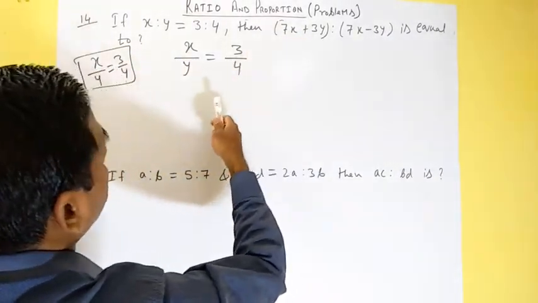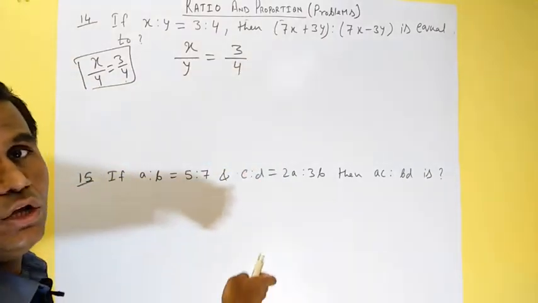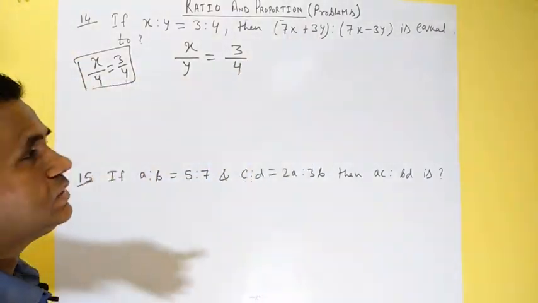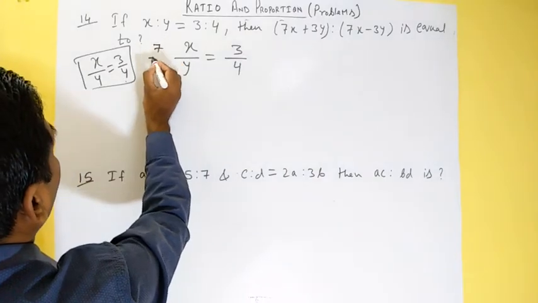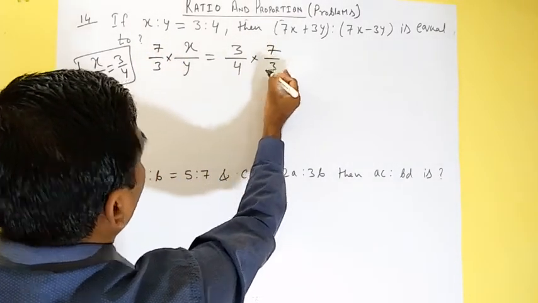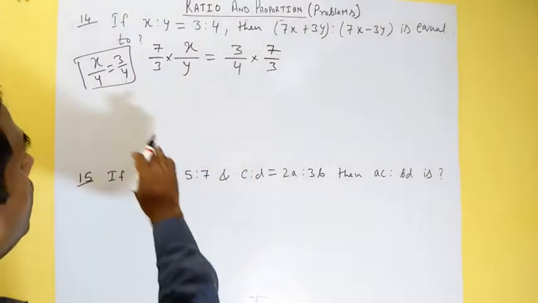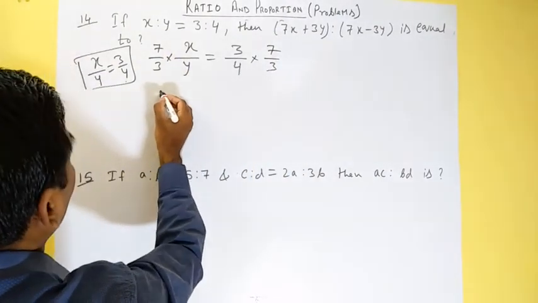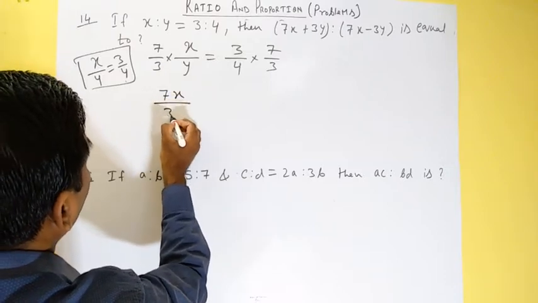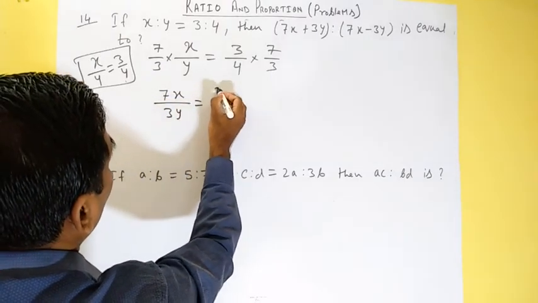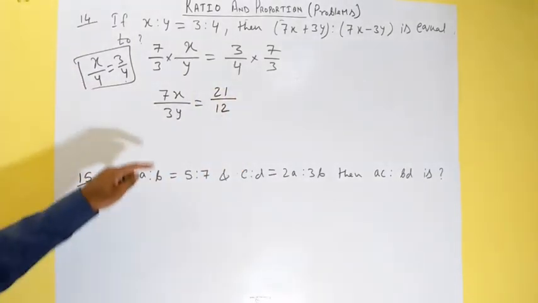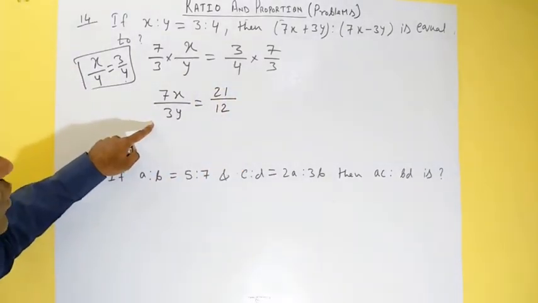Why 7? Because we can see coefficient of x is 7 and coefficient of y is 3. So 7 by 3 we will multiply to both sides of the equation. So it will become 7x upon 3y is equal to 21 upon 12. So this is the new ratio.